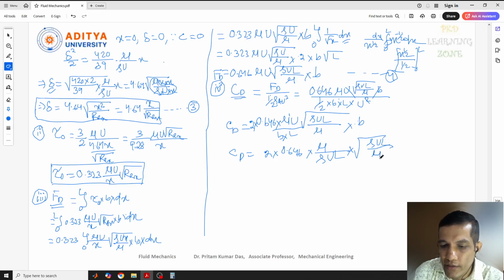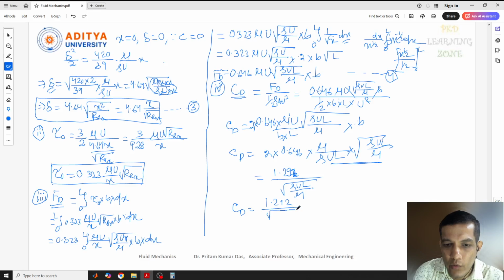And finally what we will get, 2 into this one, so I can write 2 into this one, that will be 1.292, and divided by this value will come. So this is root over of, now see this one and this one, if you solve these two parts, this square root is there, only this single term, so you can write this as rho ul by mu.